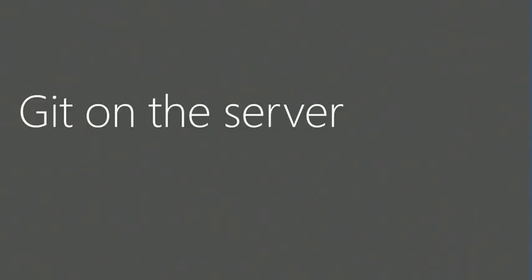In order to avoid setting up a multitude of peer-to-peer connections, one of the ways that we can avoid that is by putting a repository on a server somewhere. The only job of that repository is to just collaborate and communicate between the team. So you make your changes, you work, you push your changes into your repository, you then push them up to the server to let all the other people who also know about that server know the changes that you've made, and they can pull those changes down.